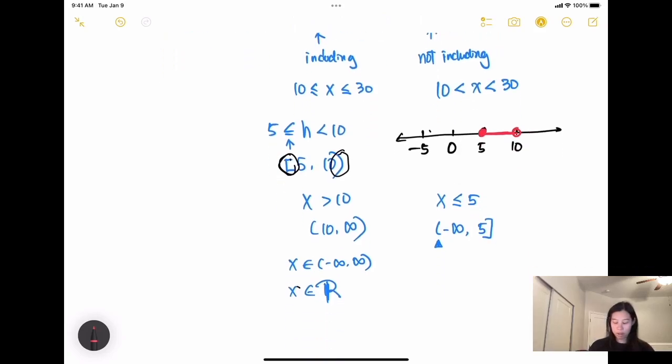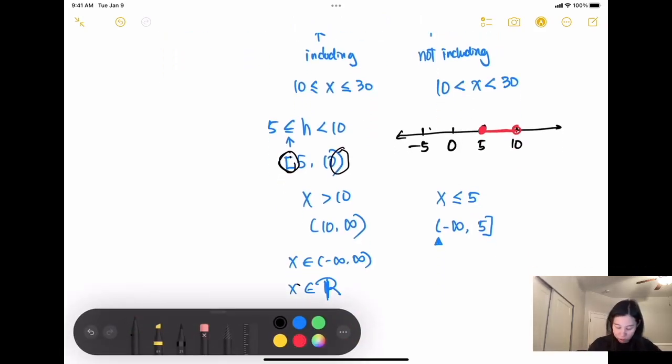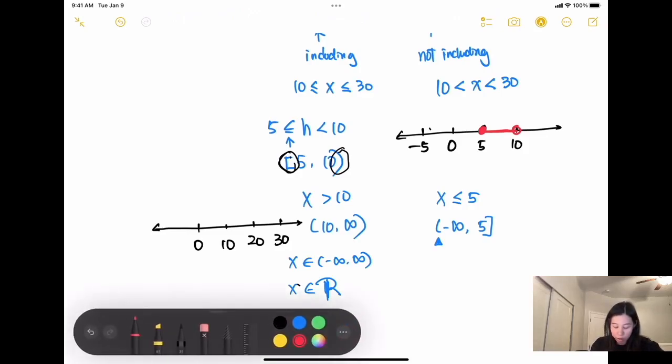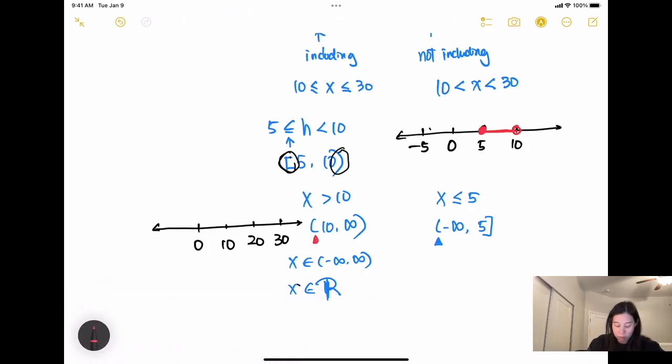So what about infinity, like these two? Let me draw another two number lines. How can we do this? If I want to say x is greater than 10, so x is not equal to 10, right? That means there's an empty circle at 10, and then everything greater than 10. What you're going to do is put an arrow in here.